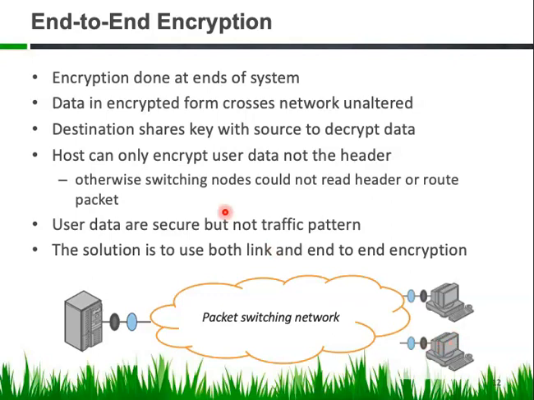The destination shares a key with the source to decrypt the data, and the host can only encrypt user data and not the header, because otherwise switching nodes could not read the header or route the packet. This means the router can still read the header because it is not encrypted.